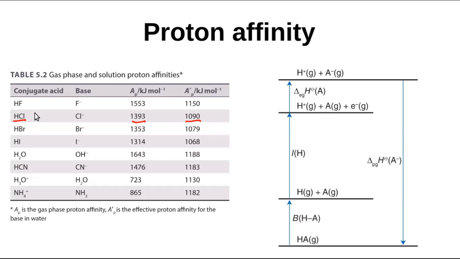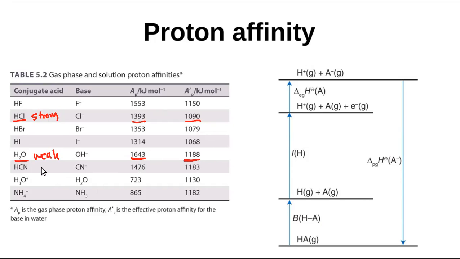So, typical strong acid, typical weak acid is water. What is the proton affinity? It's a considerably higher value in gas phase and slightly higher in water, but it's at least higher.